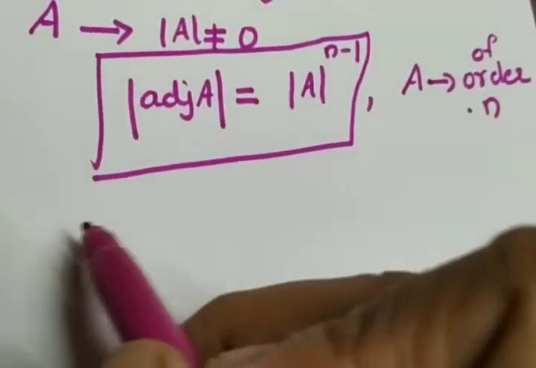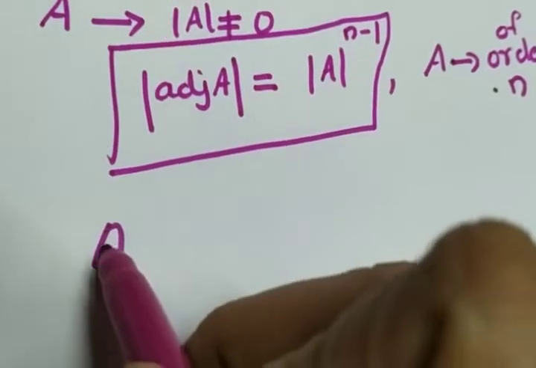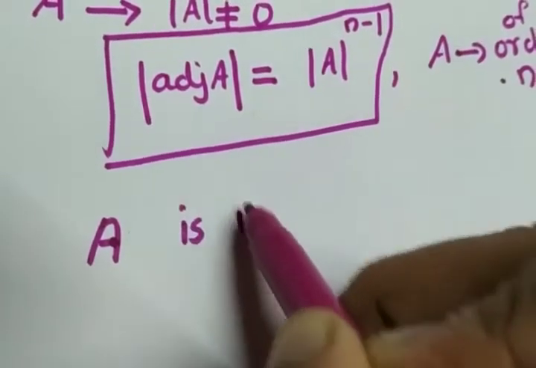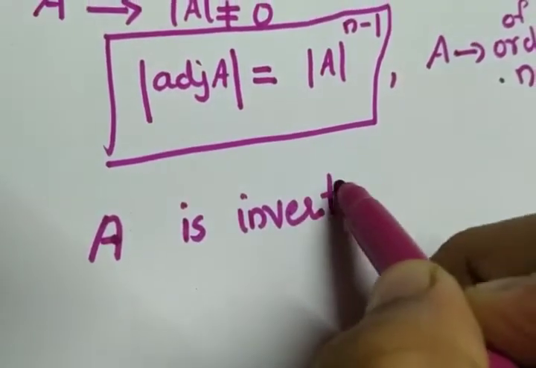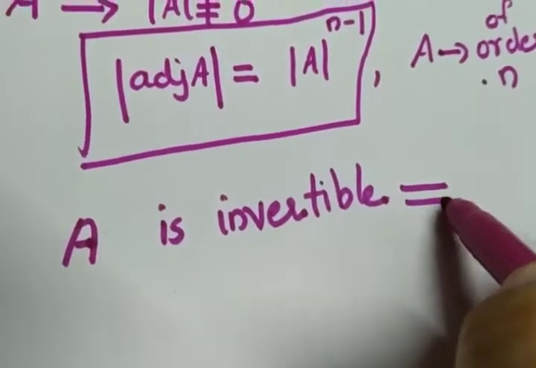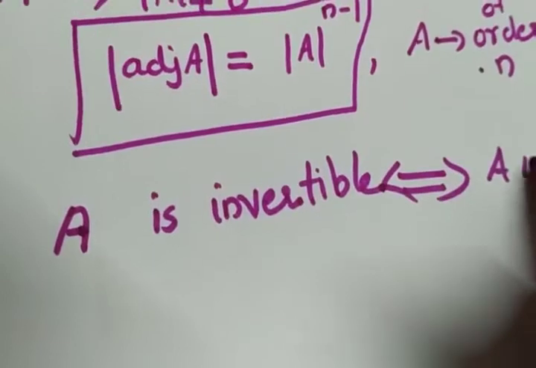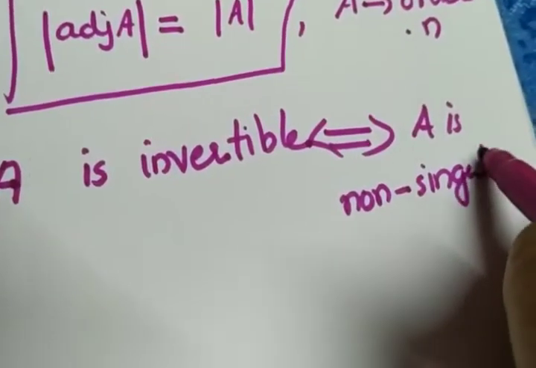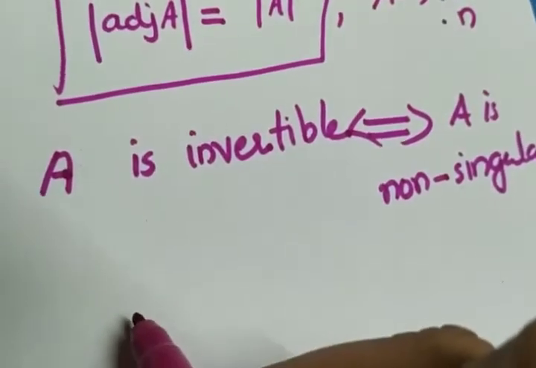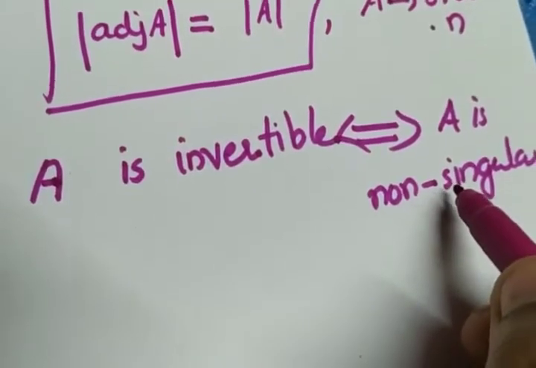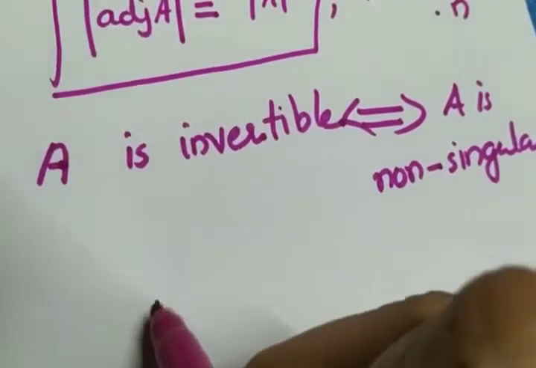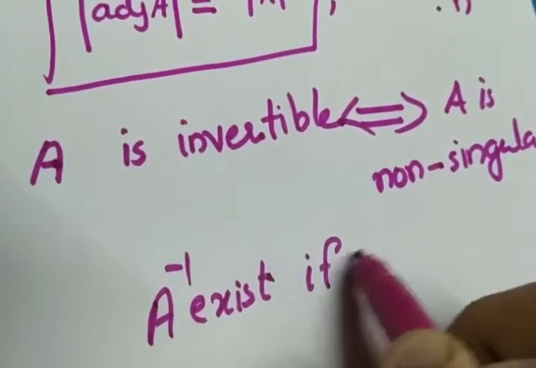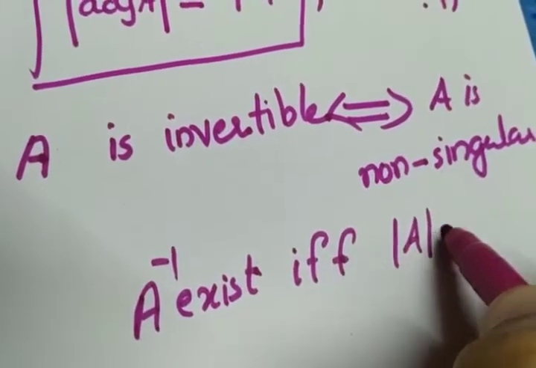And there is another theorem stating that if A is a square matrix and A is invertible, invertible meaning the inverse exists, then A is invertible if and only if A is non-singular. That means the inverse exists for a matrix if and only if determinant A is not equal to 0.